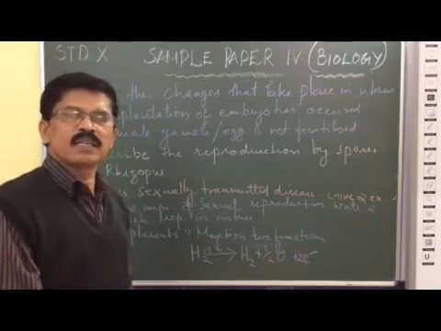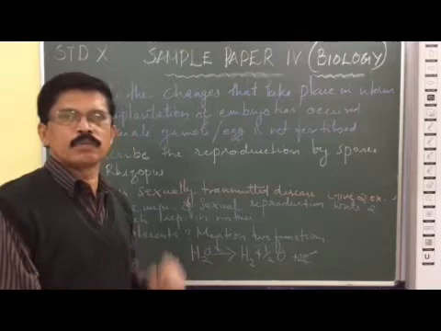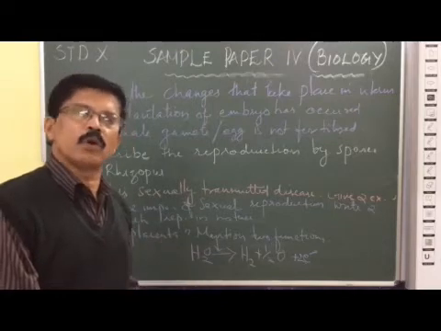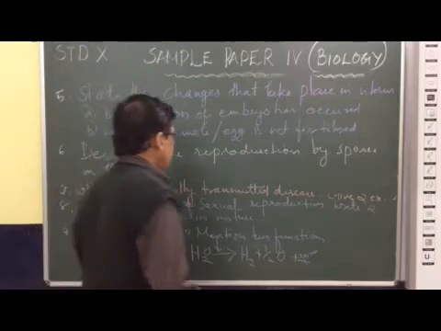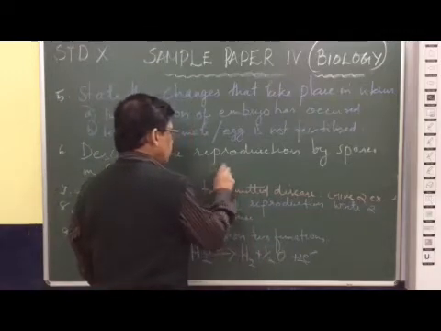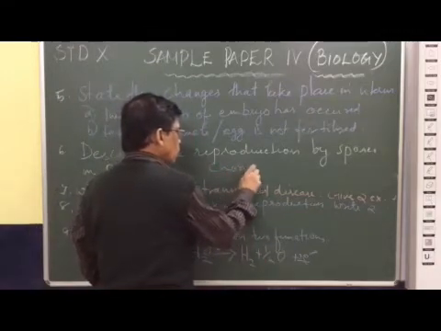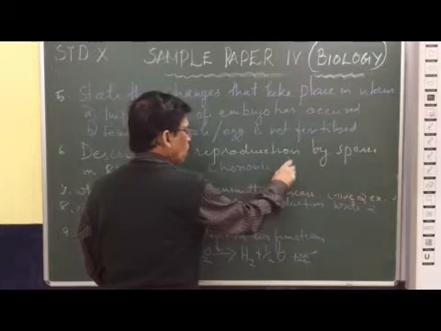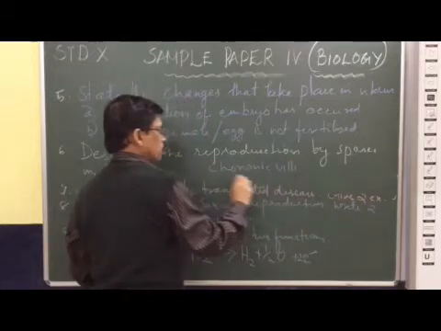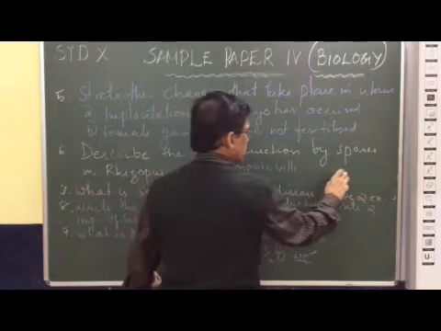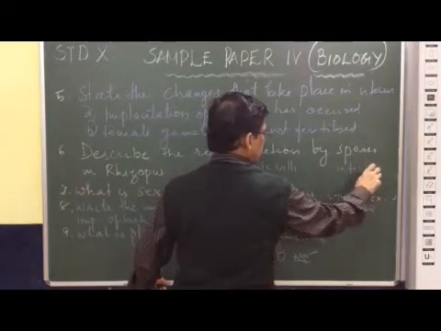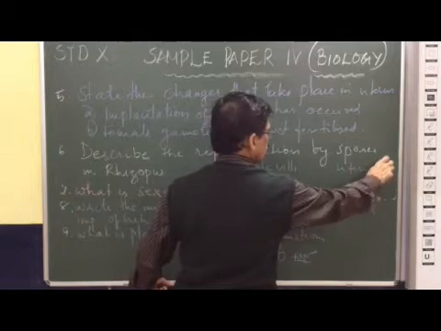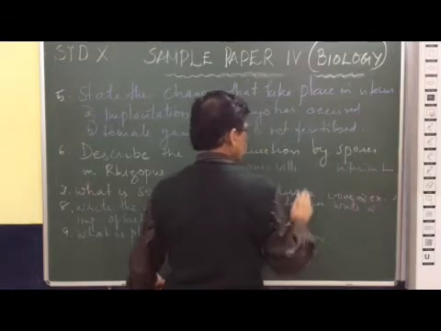So after implantation, what is formed? Placenta is formed. How is placenta formed? Placenta is formed by the union, by linking of the chorionic villi of the fetus from the fetal side and the uterine tissue of the uterus.